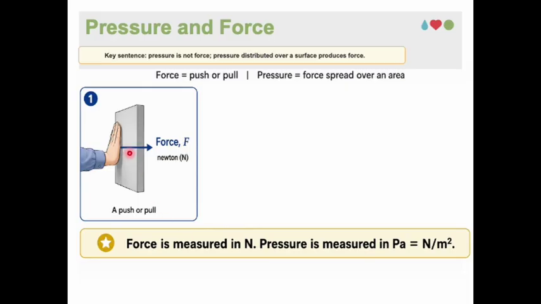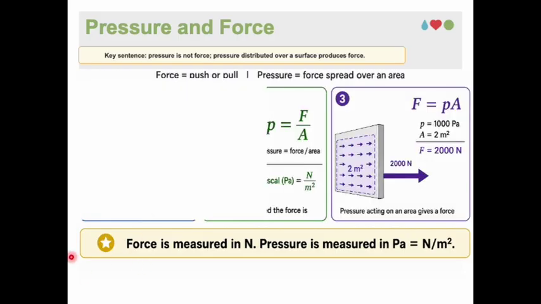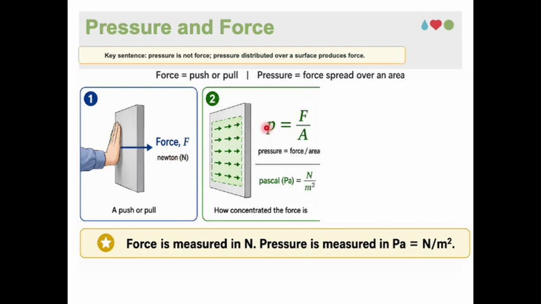Assume I push a wall, as shown in this figure, by this small area. Every small piece on this surface gets the push, and how concentrated this push is is called pressure. Its unit is the Pascal, which means 1 Newton per square meter.